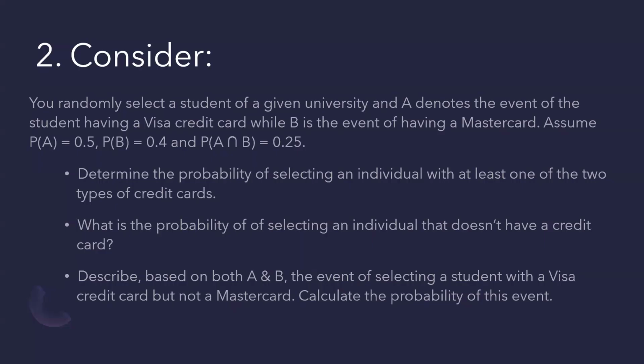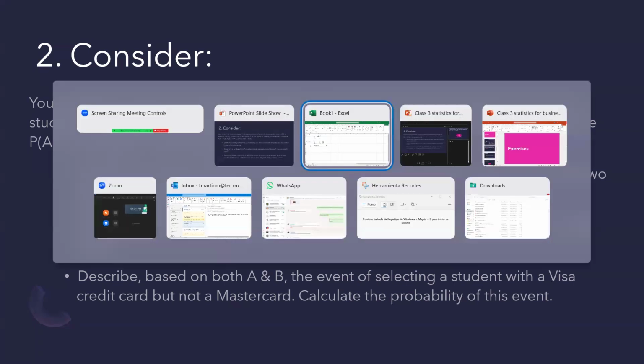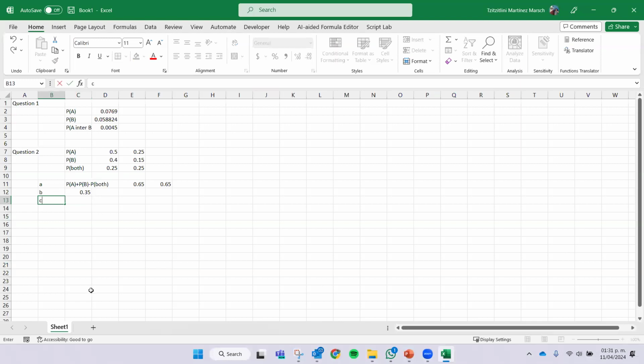Then it says, describe, based on both A and B, the event of selecting a student with a Visa card but not a MasterCard. So a student who only has a Visa card and does not have a MasterCard. He is not here and definitely not here, because it's not an or both.